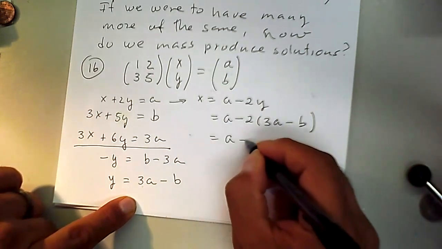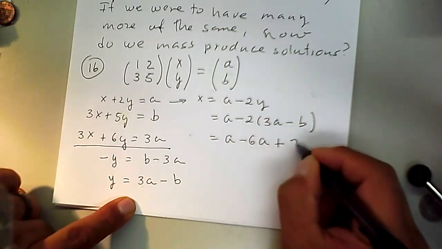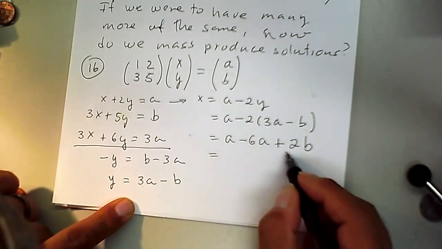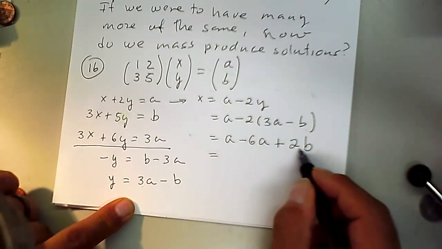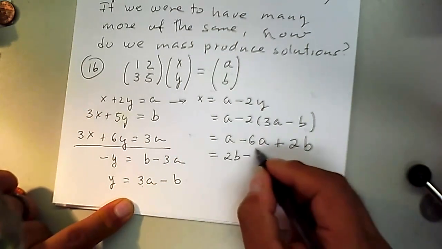So we have a minus 6a plus 2b. Let's see, so 2b minus 5a.